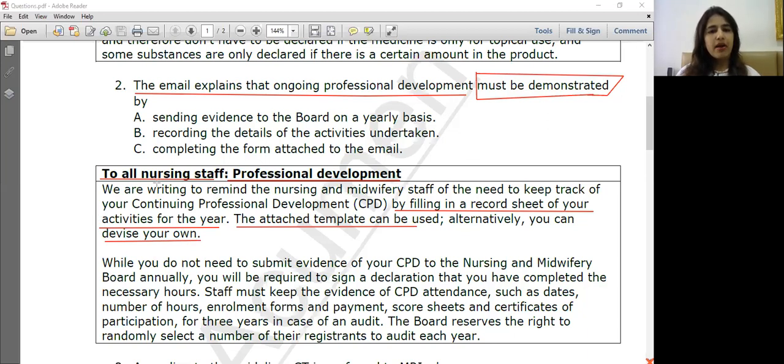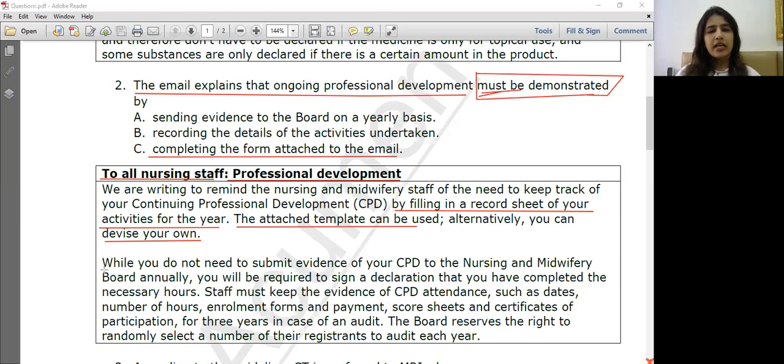Now let us compare this with the answer choices. Here it says completing the form attached to the email. So this is kind of correct, but it is not a must. Okay? You can either use the template that is attached to the email, or you can use your own template. It is not compulsory.